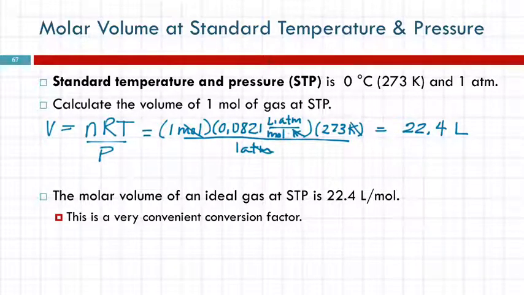You can use it like molar mass to convert between liters and moles of a gas, but you can only do it at STP. So anytime you have a problem where they say at STP, you have the possibility of being able to use this shortcut. Do you have to use it? No. You could use the ideal gas law and calculate the volume that way, or the moles. But this is shorter.